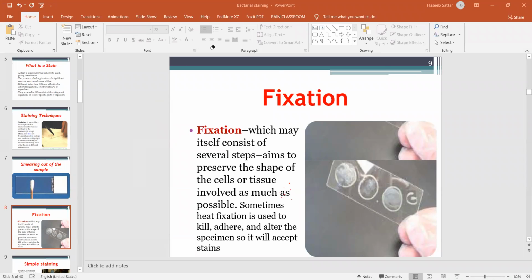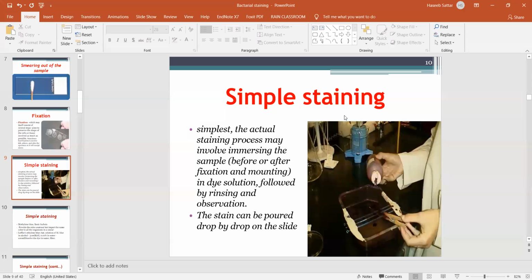This is known as heat fixation. It is common for all types of techniques because it is cheap and easy. And third, we have the simple staining, where we just need to add some stain, some coloring agent.